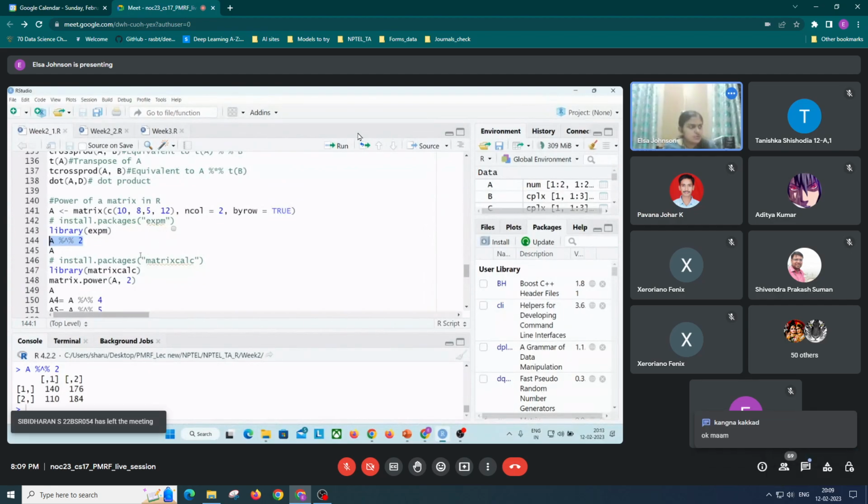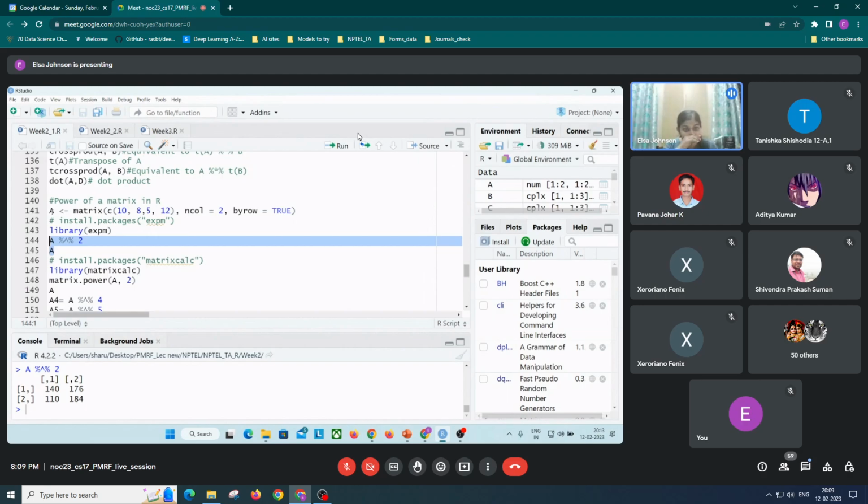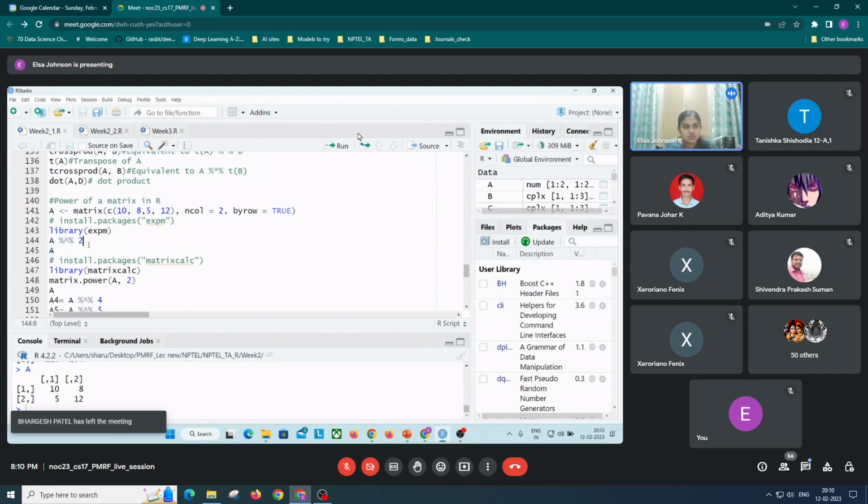So right now, if we want to do the power, this is one method, using the expm library. With expm, you do it like this: a percent asterisk percent 2. Then you see A is like this, and A squared is like this. There is another method also.